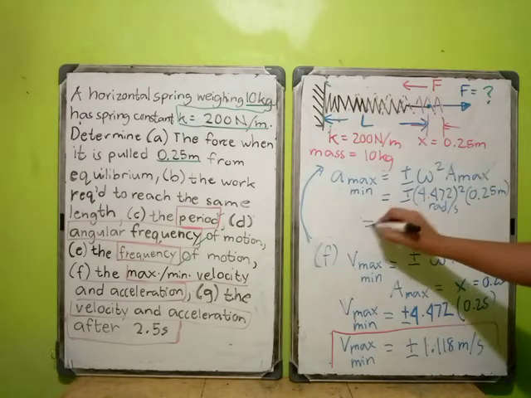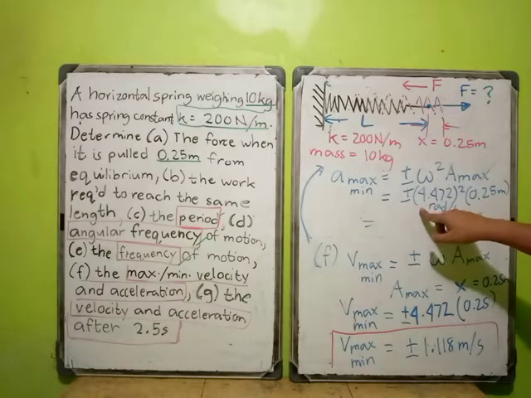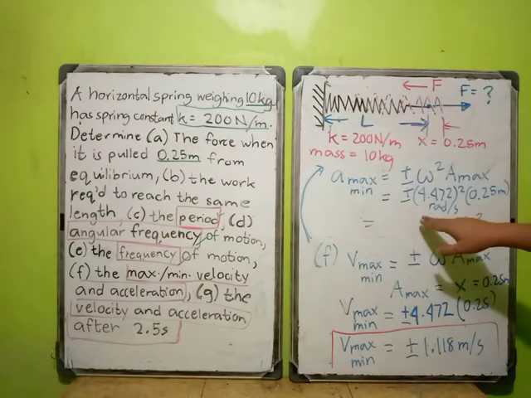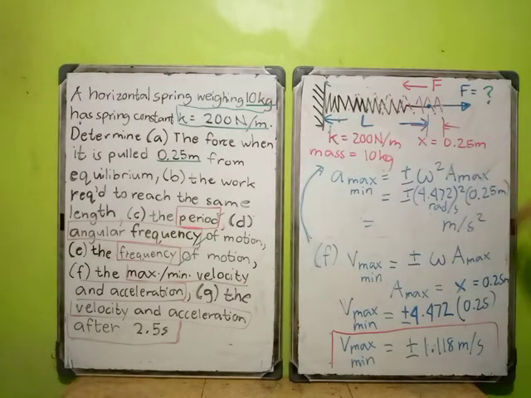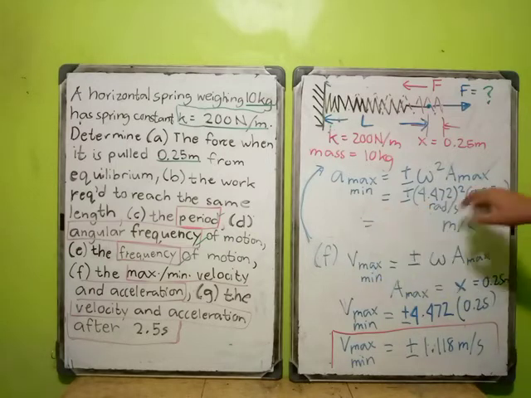So, ang resulta niyan is in meter per second squared. Okay? So, since 4.472 is square root of 20 actually, square root of 200 over 10 is 20, that one is the omega or the angular frequency, or the angular frequency squared times A max, or you may say just the X. So therefore, the answer is 20. 4.472 squared is 20 times 0.25 is 5.